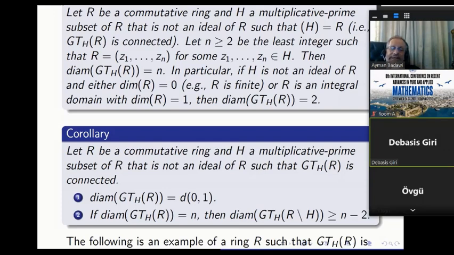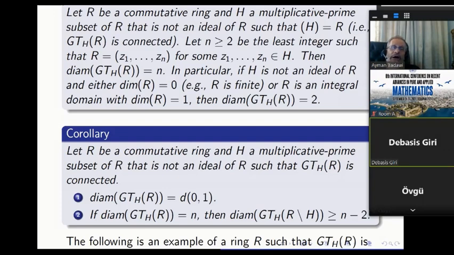In fact, I can tell you now, give me any positive integer n, like a million. I should be able to give you a ring R where the diameter of the generalized total graph will be that million you gave me.